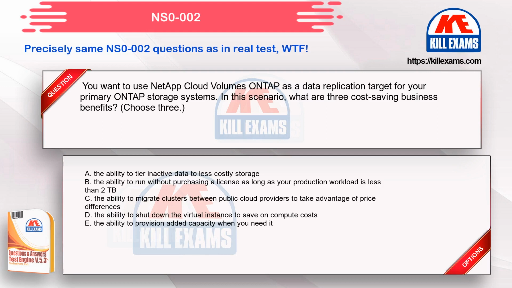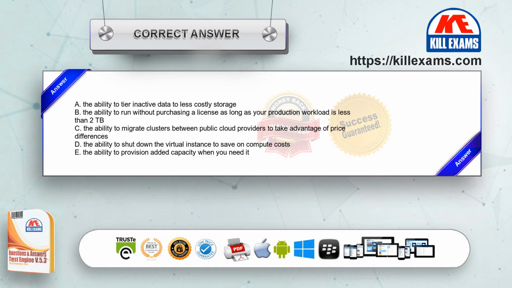Option C. The ability to migrate clusters between public cloud providers to take advantage of price differences. Option D. The ability to shut down the virtual instance to save on compute costs. Option E. The ability to provision added capacity when you need it. The correct answer is option C, D.